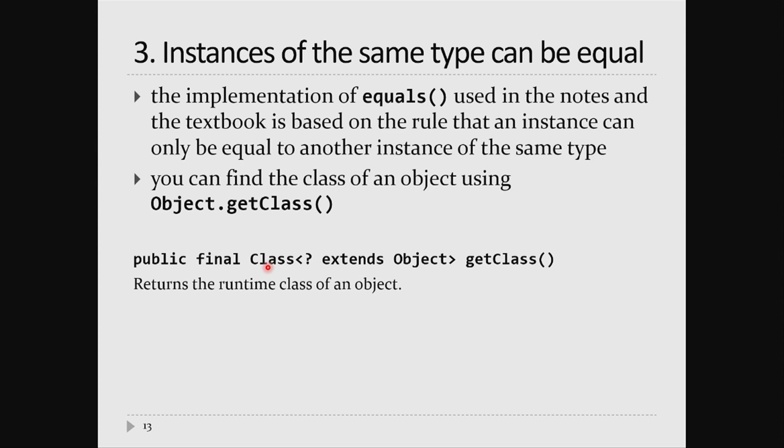So if p is a point2 object, then p.getClass returns some object that represents all point2 objects. getClass promises that for every class, there's exactly one object that represents the class.